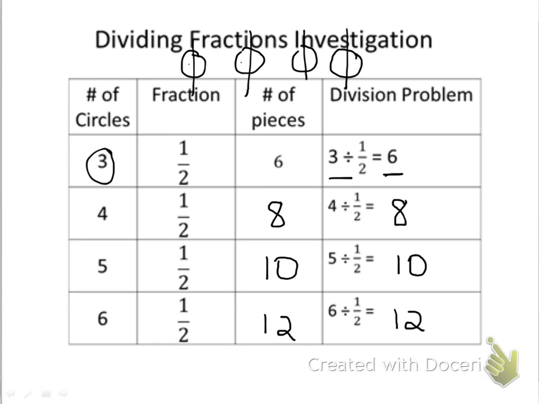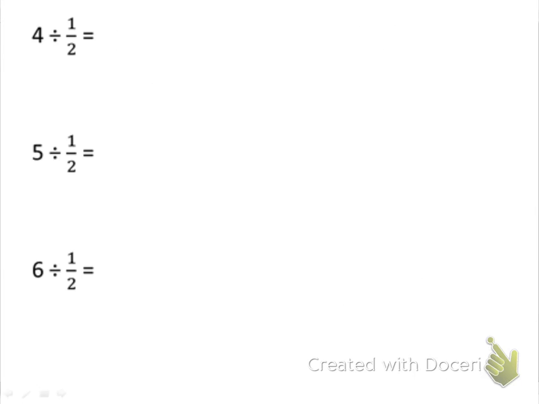Hopefully you started to notice some patterns. If 4 divided by a half is 8, and 5 divided by a half is 10, and 6 divided by a half is 12, then this dividing by a half must be somehow related to multiplying by 2, because 4 times 2 would be equal to 8.